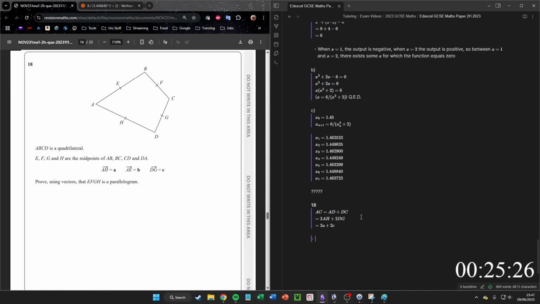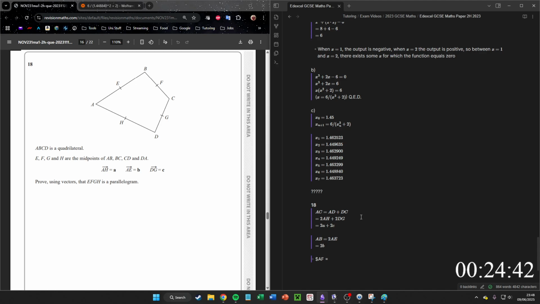So I can say AB is equal to 2AE, which is equal to, I should be putting arrows over the top of these, but that's honestly going to take way too long, so I'm not going to do that, 2b. Okay. So now, because I have AB and I have AC, and because F is the midpoint of BC, if I do the average of AB and AC, I get AF.